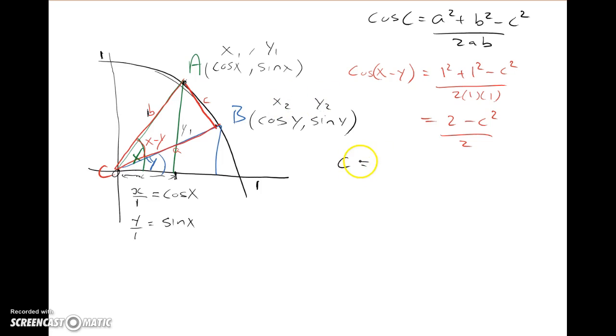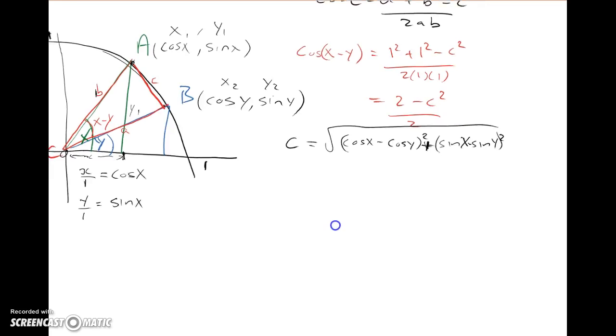So c is equal to the square root of cos x minus cos y, all squared, plus sin x minus sin y, all squared.